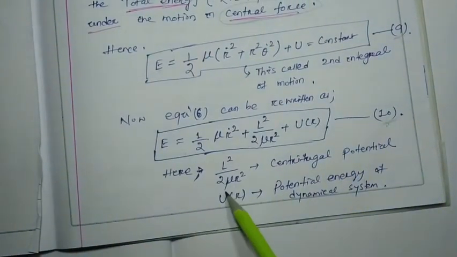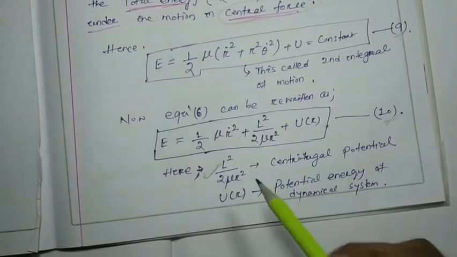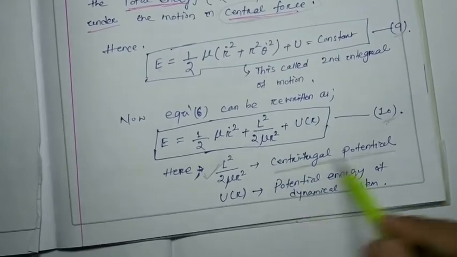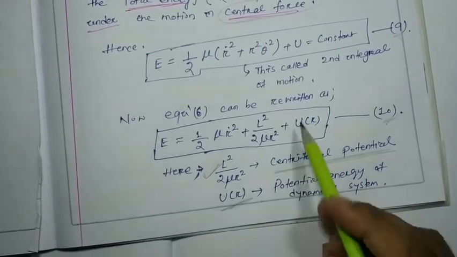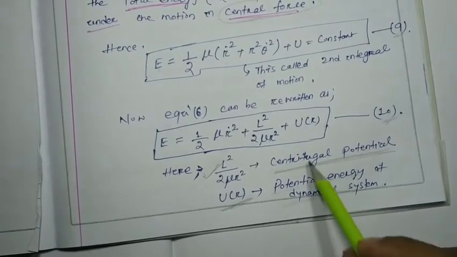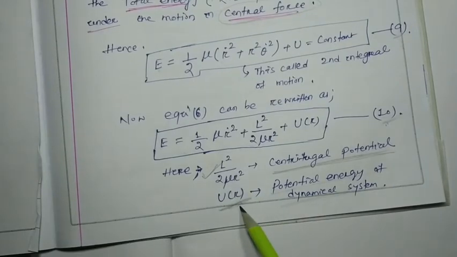Here L square by 2 mu r square, this is important, is nothing but the centrifugal force term. Remember, this u(r) is the potential energy of the dynamical system. This is also a potential, in the form of potential.